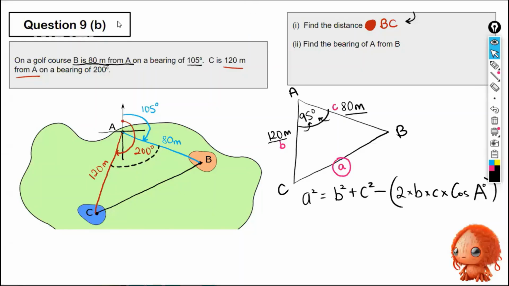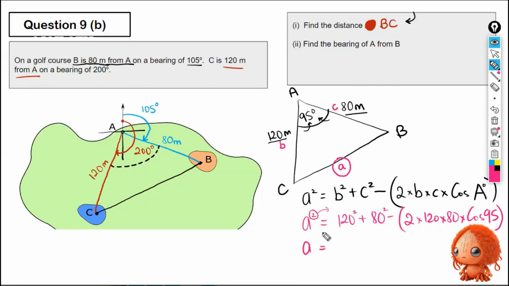All right, just substituting some values here. Where's b? 120 squared plus 80 squared minus 2 by 120 by 80 by cosine 95. You can type this straight into your calculator, and whatever you get to solve for a, you ultimately square root the answer. I'm working it out on my side here.